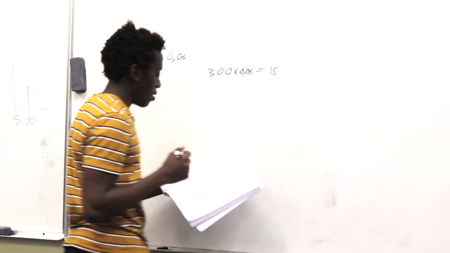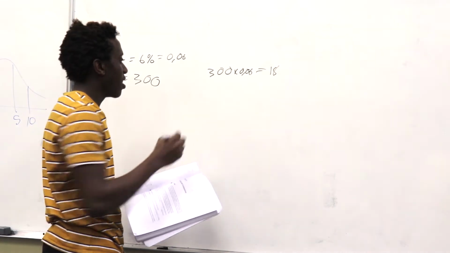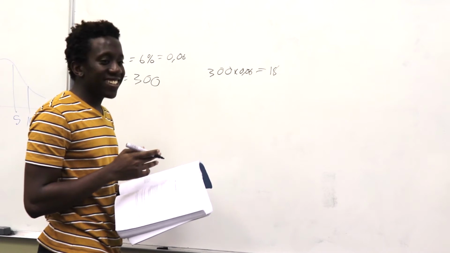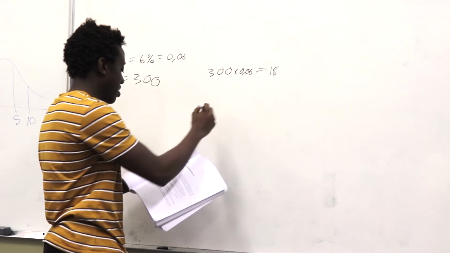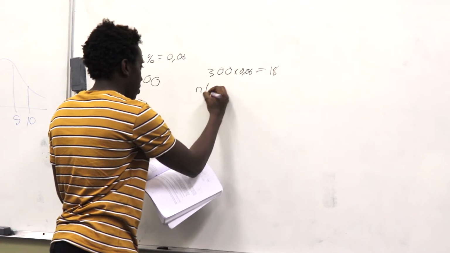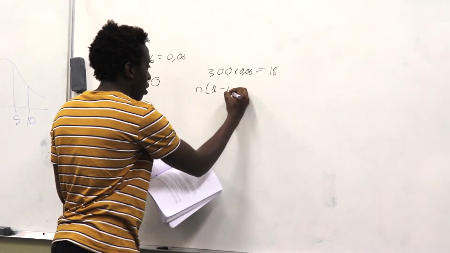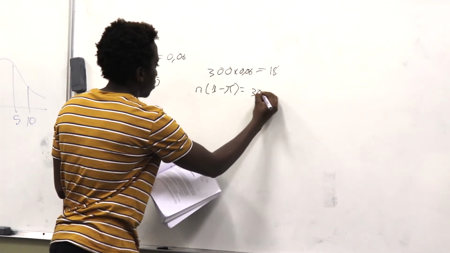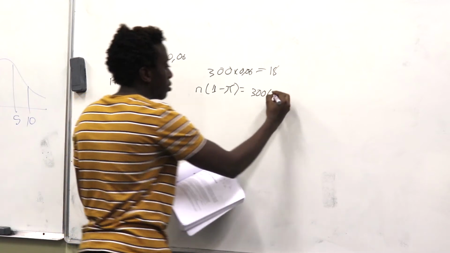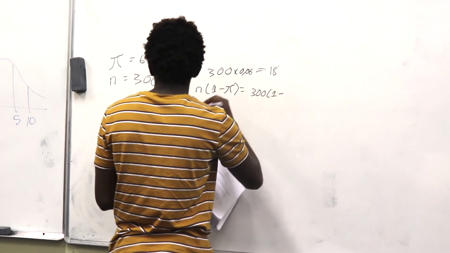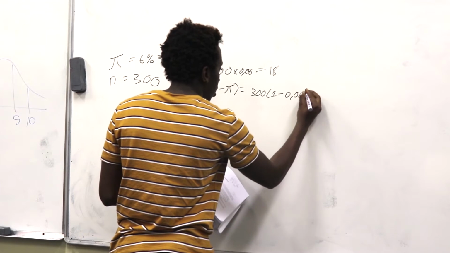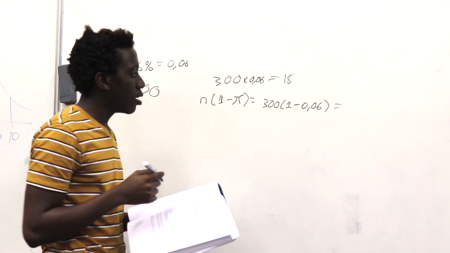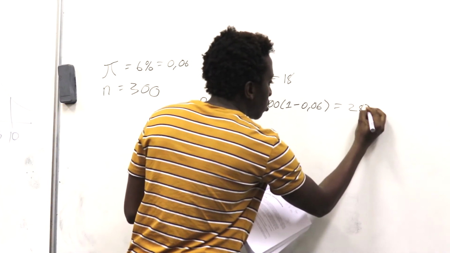Okay, 18. And then the second one that we have to do is n times 1 minus pi, which in this case is going to be 300 times 1 minus 0.06, which is going to give us 282.